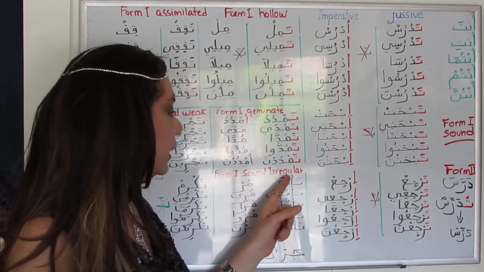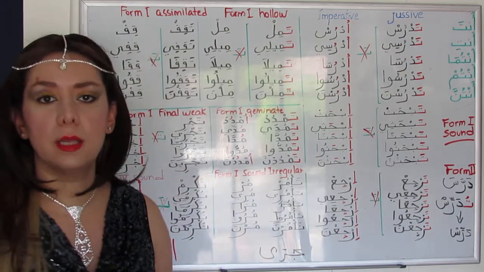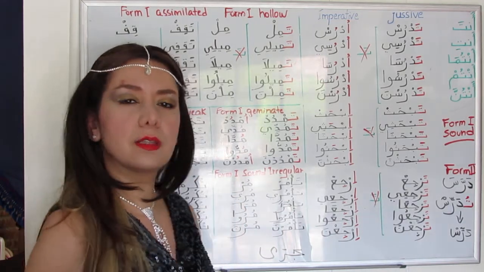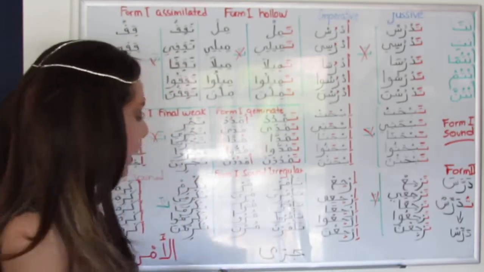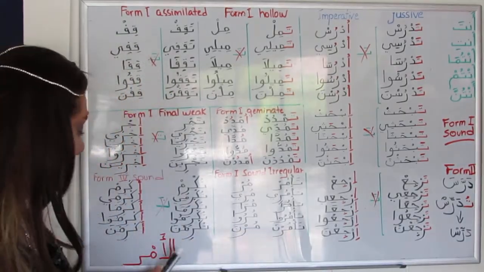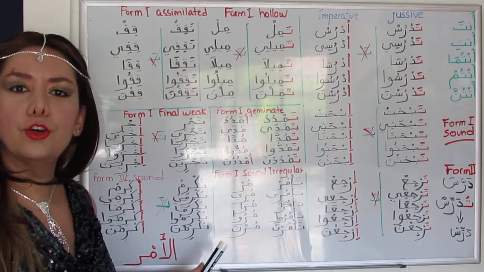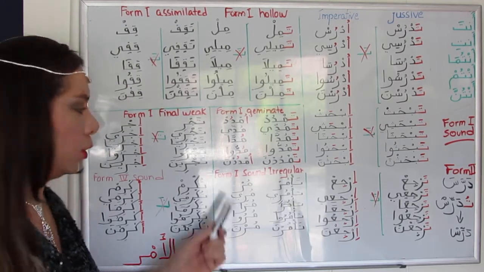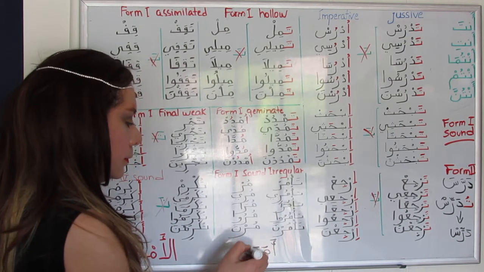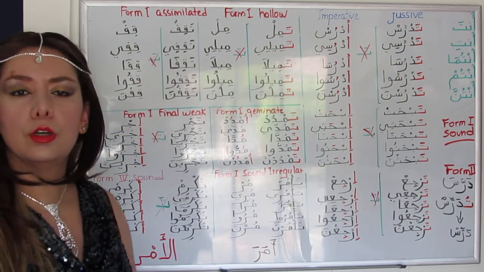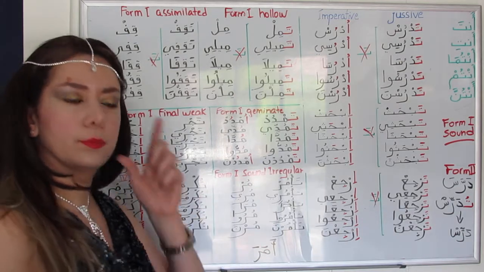Here we have an irregular form one sound. The verbs that start with the hamza, like amara. Amara, to command. Amr is the verbal noun or masdar of amara. Amara is to command or to order.